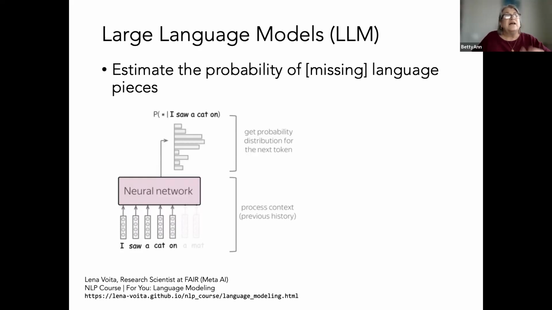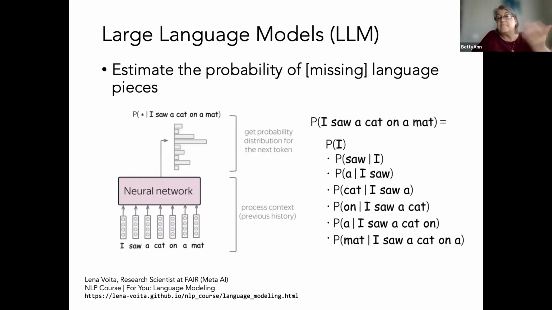And then if I typed "I saw a cat on," the large language model is going to try to come up with the next word. So in this case, if I'm typing "I saw a cat on a," it might in the end give me "mat." So in the end, what a large language model is doing is trying to find the probability of the next word.